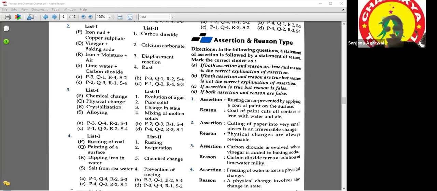So yes, it's absolutely true that rusting can be prevented by applying a coat of paint, because paint cuts off, it acts as a layer or barrier between the iron and water and air. Okay, so option A is correct. Second, cutting paper into very small pieces is an irreversible change. Physical changes are always reversible.